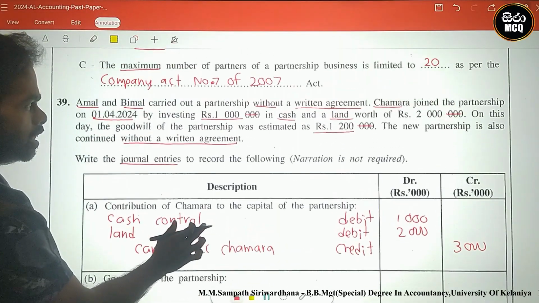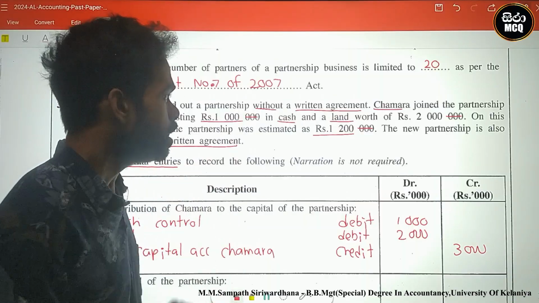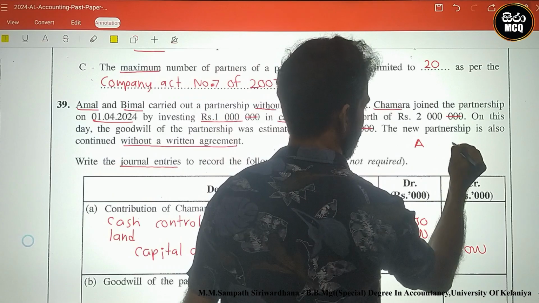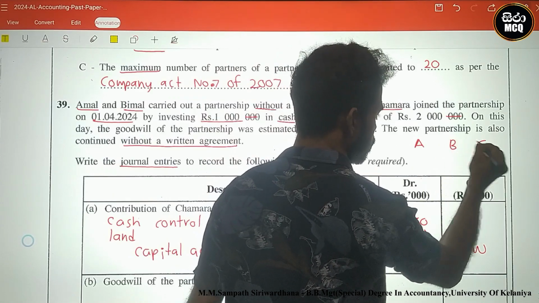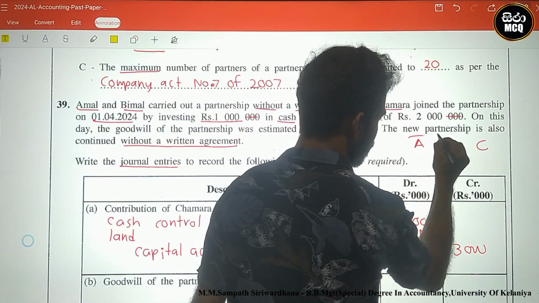Therefore, we first divide in the old ratio. What is the old ratio? The old persons are Amal and Bimal.